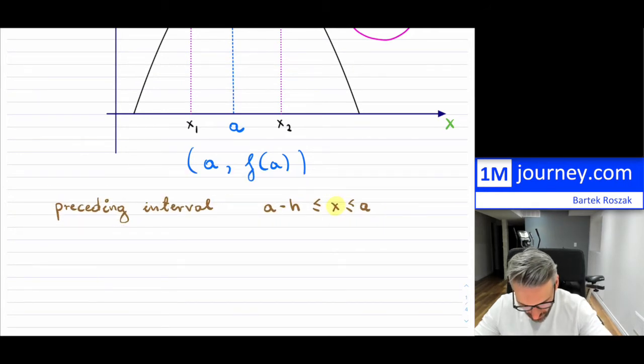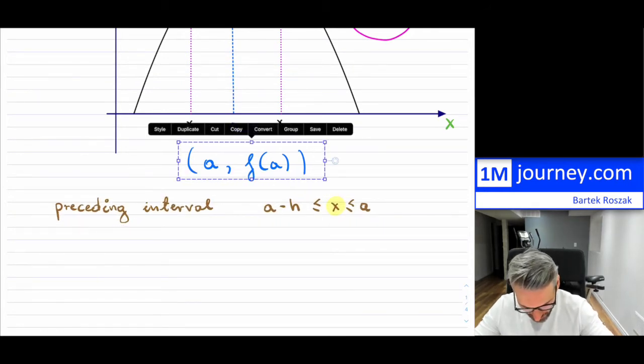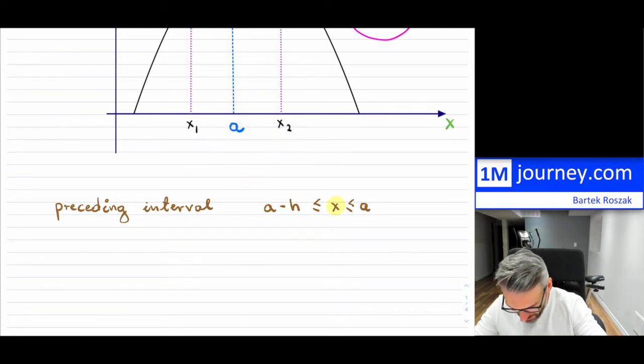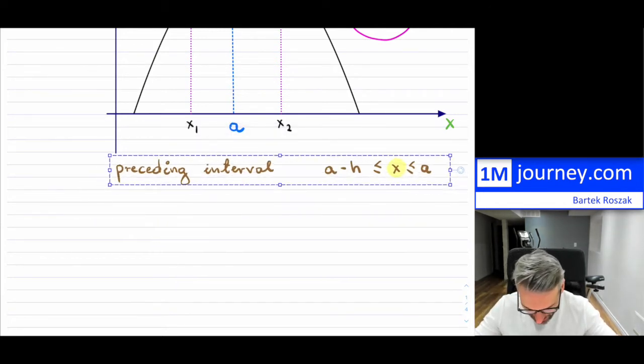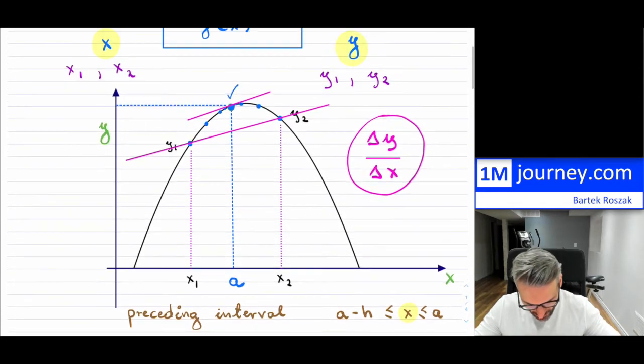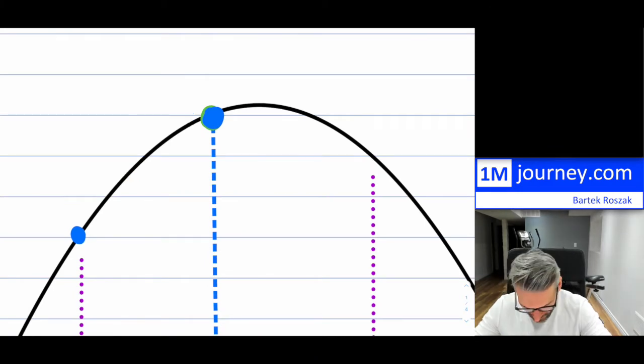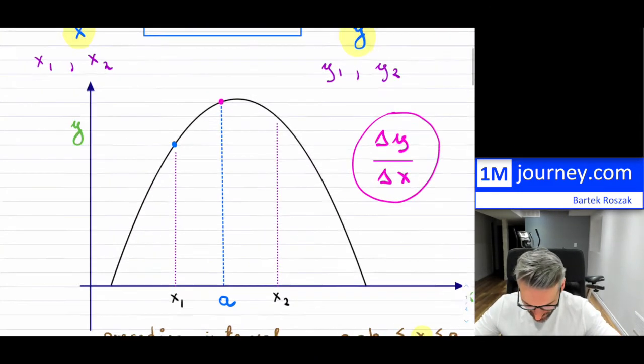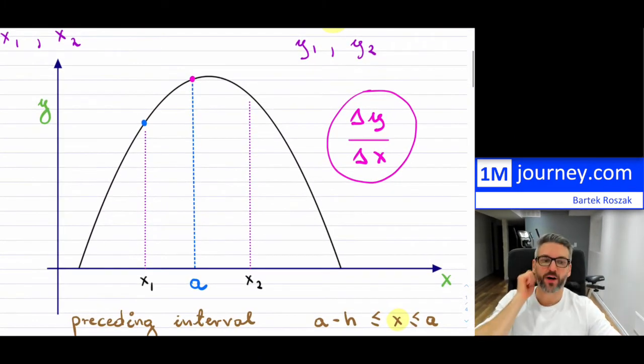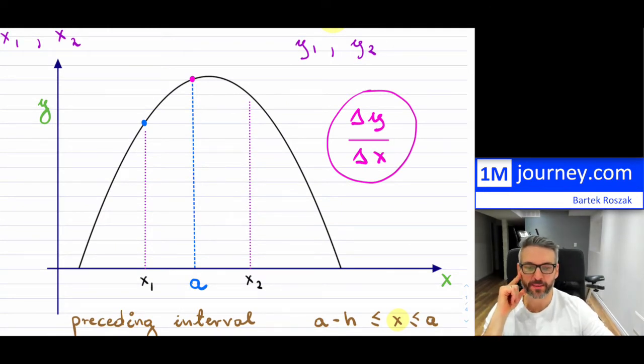Let me remove all of this junk and talk about this idea of the preceding interval. All right, it's cleaned up now. So now this preceding interval, you'll notice that that happens for all the values of x, okay?